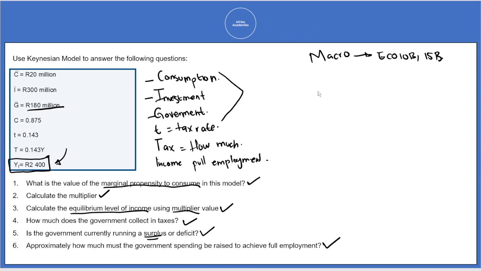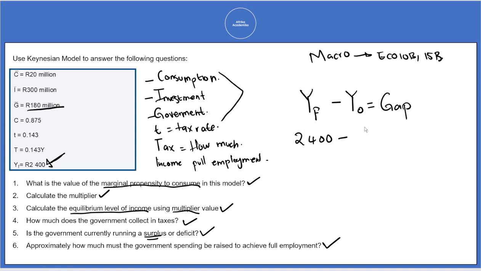Okay, so the first thing that you will do is you will have your formula there: the income at full employment minus the equilibrium income, and then you will have the gap. The income at full employment is the one given to us over there as 2,400 million, but here you'll only write the 2,400, then you'll minus the equilibrium income.